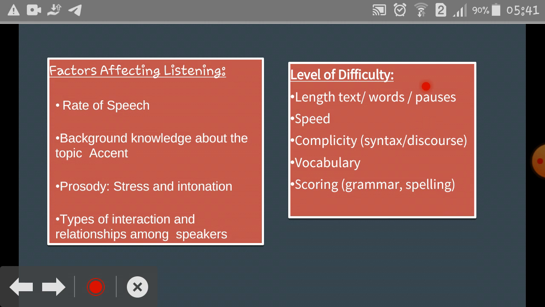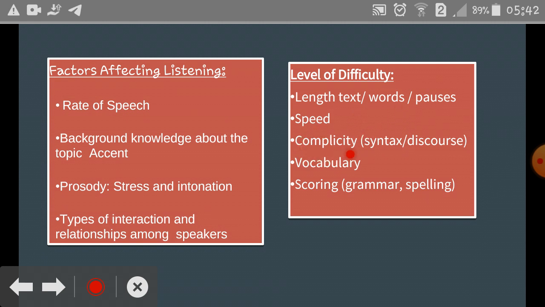And there are levels of difficulty, length of text, words, or pauses. In listening, usually the text will cause difficulty for the student: the length of the text, the difficulty, the choice of words, and also the pauses of the audio, and then speed, whether the speaker speaks fast or slowly.